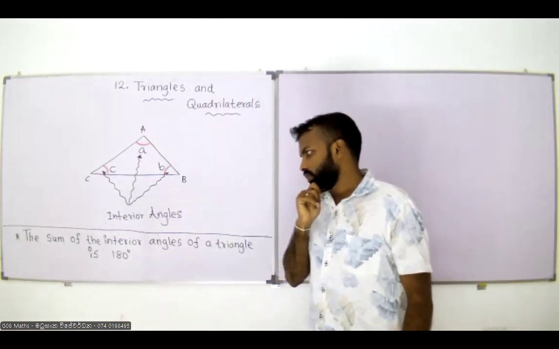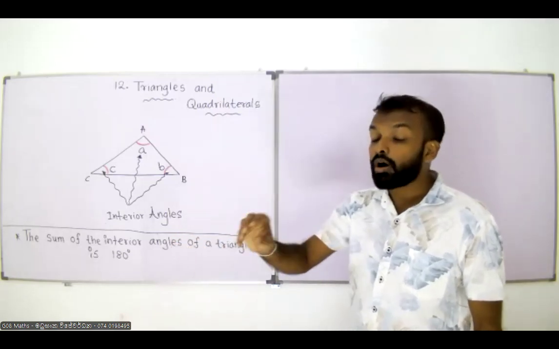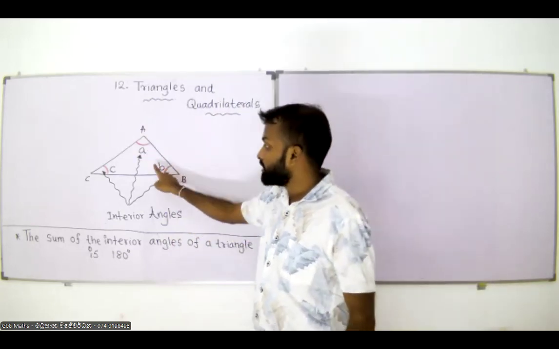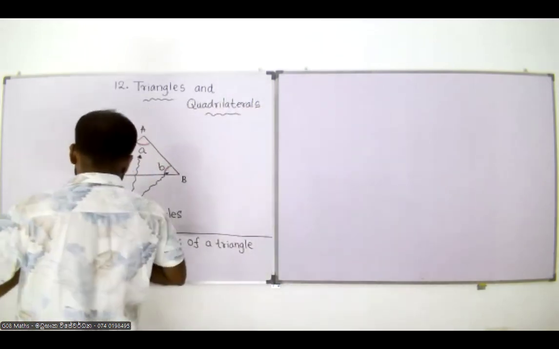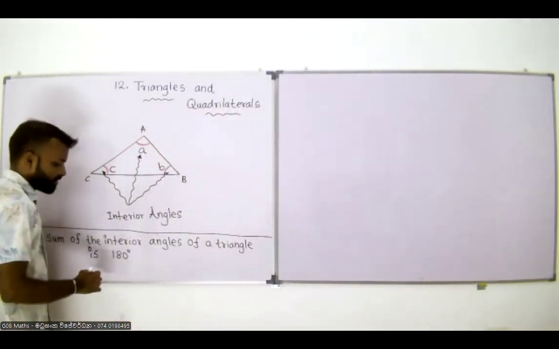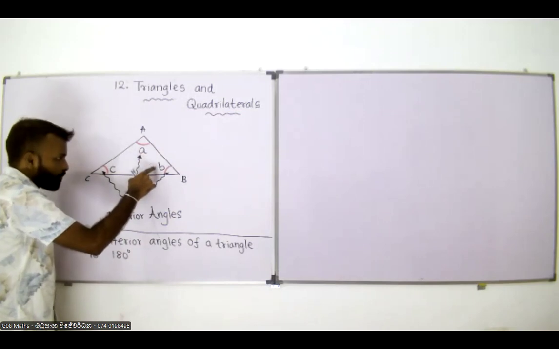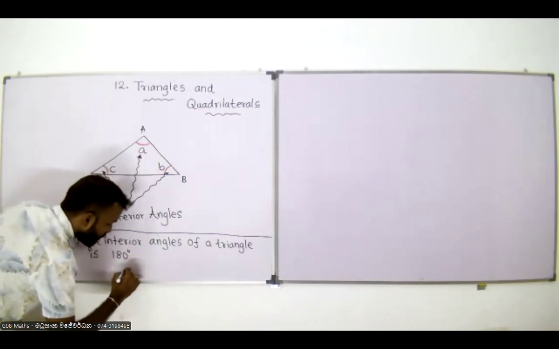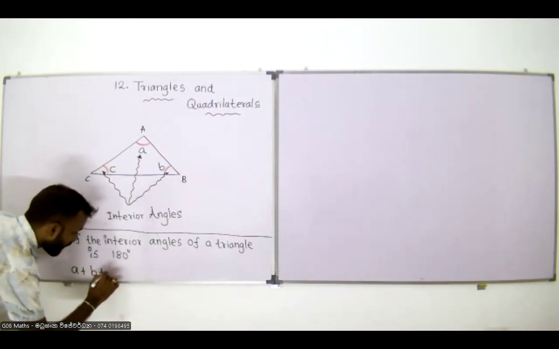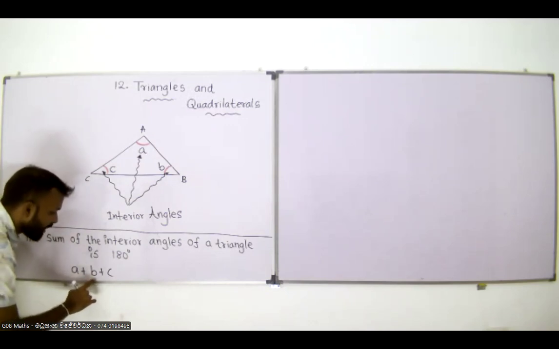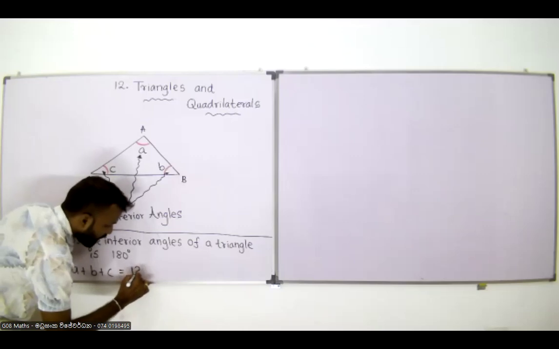So the sum of the interior angles of a triangle is 180 degrees. How are we going to represent it using interior angle A, interior angle B, and interior angle C? The equation or theorem that we need to know is: angle A plus angle B plus angle C, the magnitudes of them, is equal to 180 degrees.